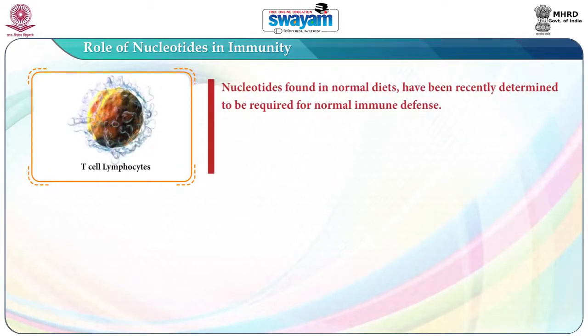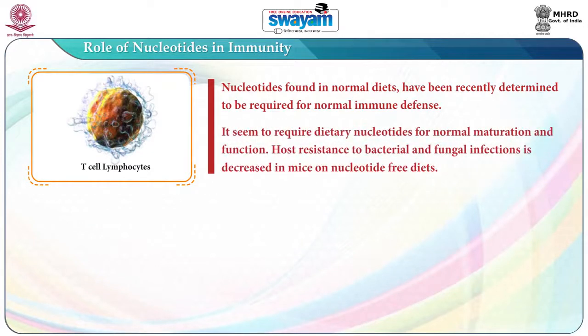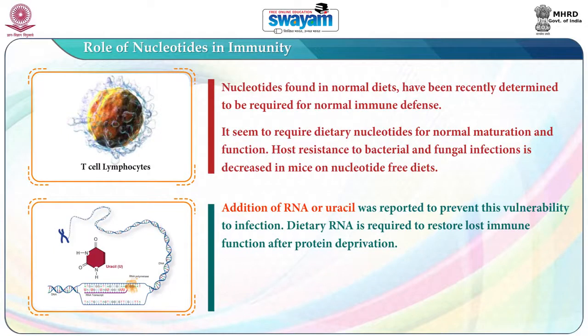So, the role of nucleotides in immunity. Nucleotides, found in normal diets, have recently been determined to be required for normal immune defense. T lymphocytes seem to require dietary nucleotides for normal maturation and function. Host resistance to bacterial and fungal infection is decreased in mice on nucleotide-free diets. Addition of RNA or uracil was reported to prevent this vulnerability to infection.